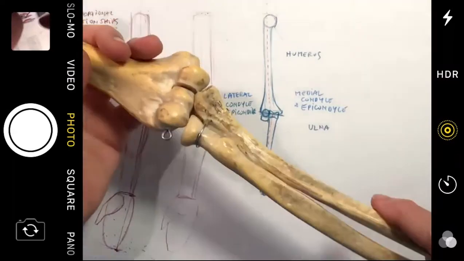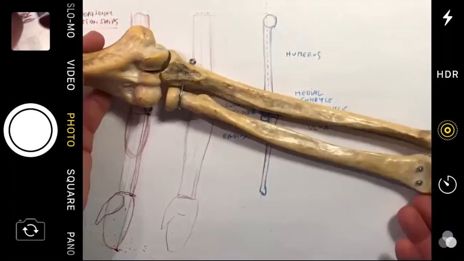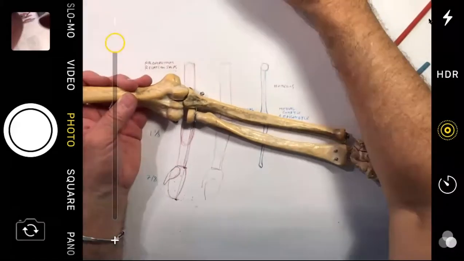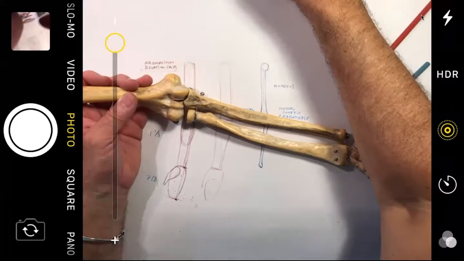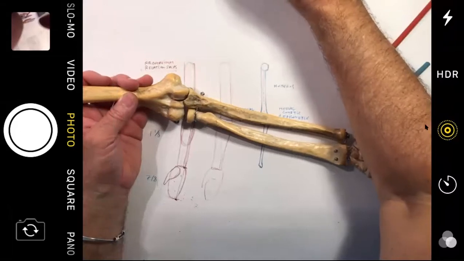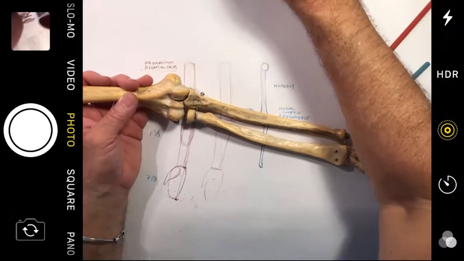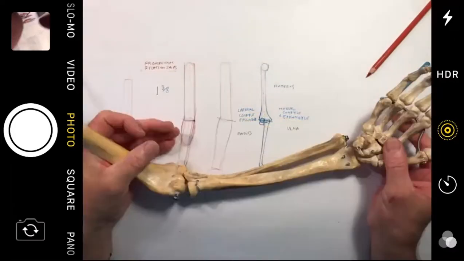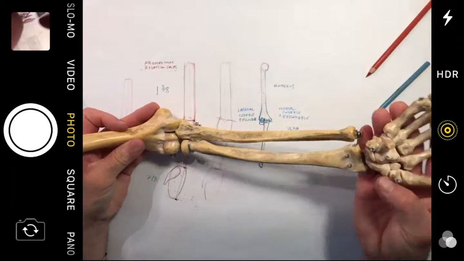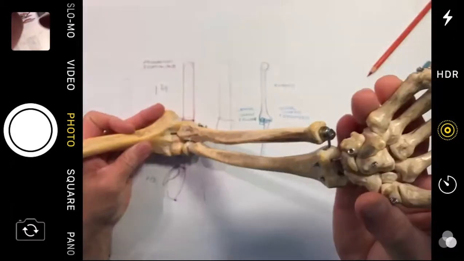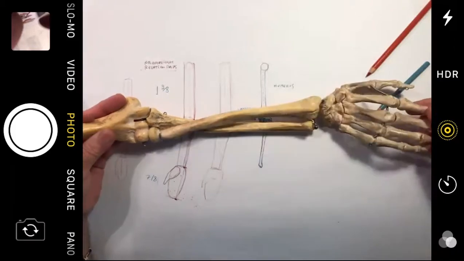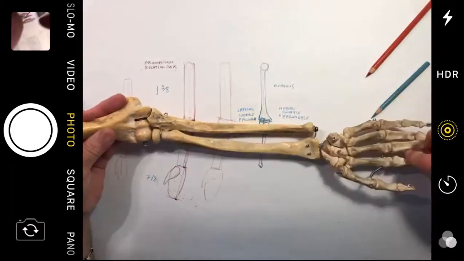So now the radius, see if I can get this a little bit more visible, right? Need to move this down. Okay, so the radius will flex and extend together with the ulna, but also pronate and supinate, right?